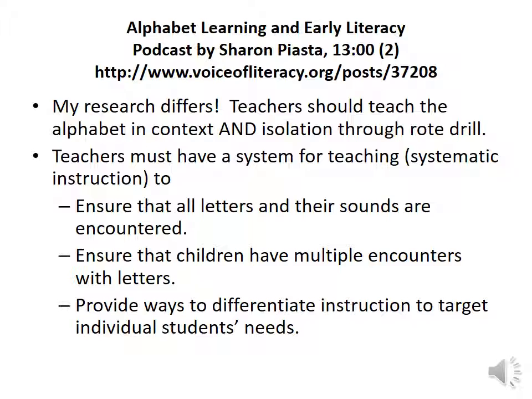All right, next one. Teachers must have a system for teaching. And that is called systematic instruction, and that goes along with direct instruction. They must have a system for teaching to ensure that all letters and their sounds are encountered or learned by the children. You want to ensure that children have multiple encounters with letters, and you want to mix them up. You don't always want to have them do it in ABC order, because then they will rotely learn that, and it will be letter calling without really knowing them.